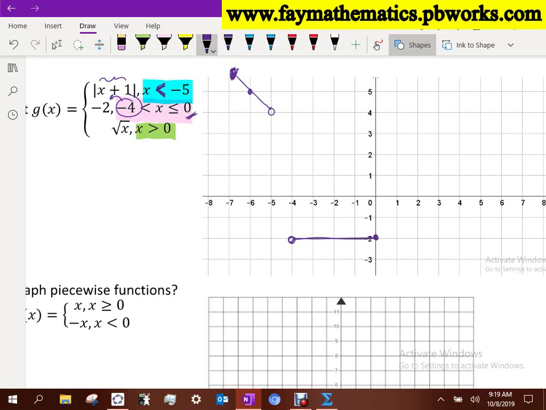Now I get down to the green part. Okay, the green rule says you have to choose what x value first. What x value do I have to choose first in the green here?